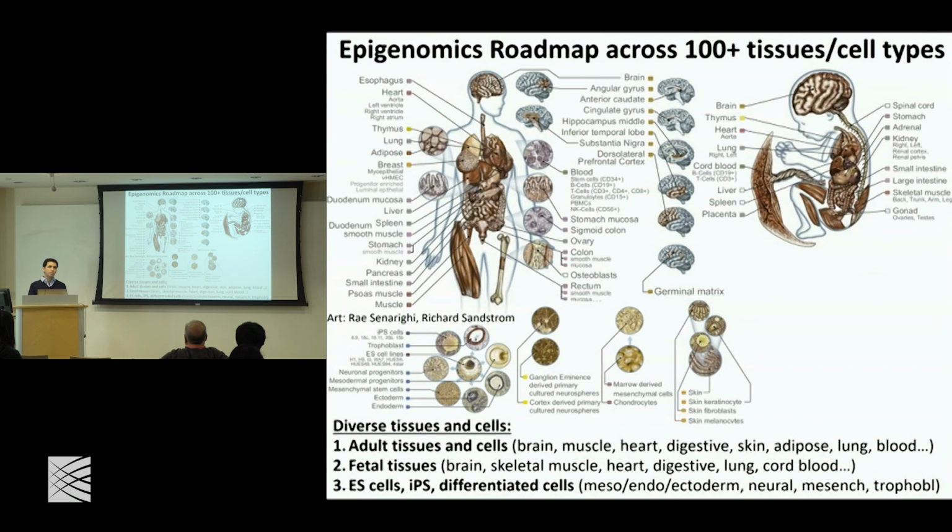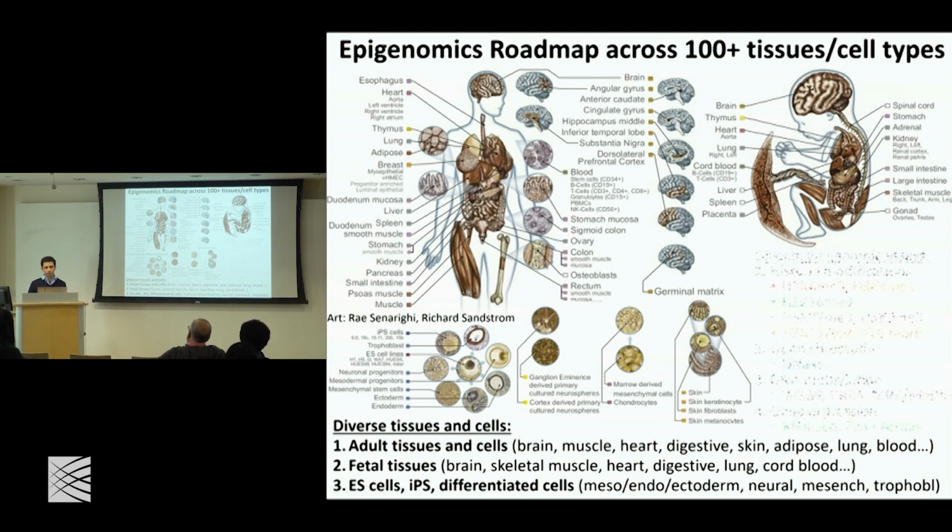As I mentioned earlier, the epigenome varies greatly from tissue to tissue. So what you need is a map of the human epigenome across many tissues and cell types. And this is exactly what the NIH has been focused on and many other organizations. So we were part of the ENCODE project, the Roadmap Epigenomics project, that basically sought to systematically map the human epigenome across many different tissues.